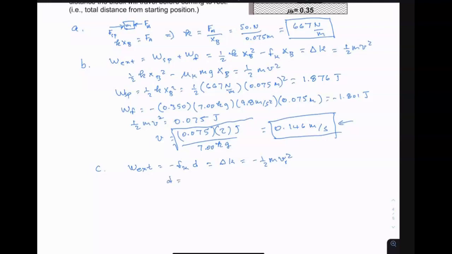And when you do, you find that the distance is 0.312 centimeters.